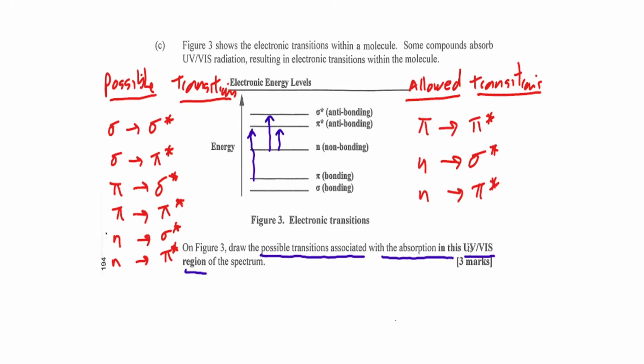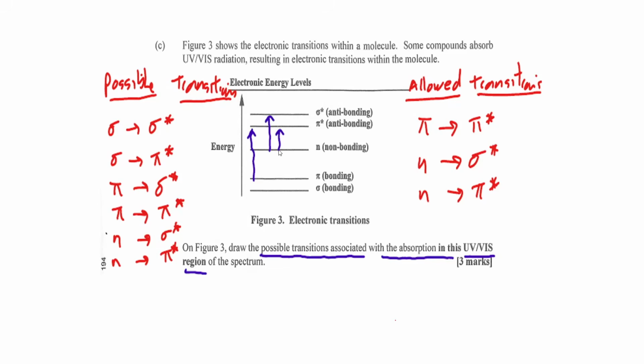And so because they say the transitions associated with the absorption, all of these are possible, going from your sigma to sigma star, sigma to pi star, pi to sigma star, pi to pi star, n to sigma star, n to pi star. But what is allowed are the ones that are low in energy.